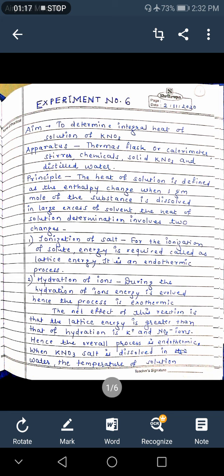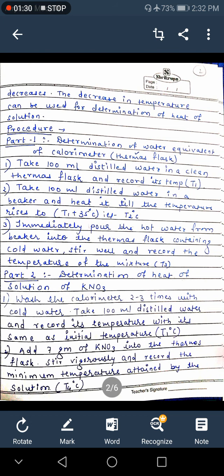Here we are also performing the second part in exactly the same manner, and in the third part we repeat the second procedure, but instead of 5 gram of KNO3, we will take 7 gram of KNO3.